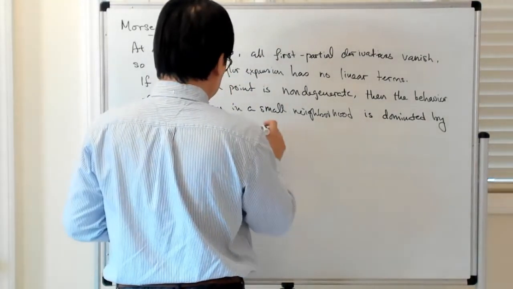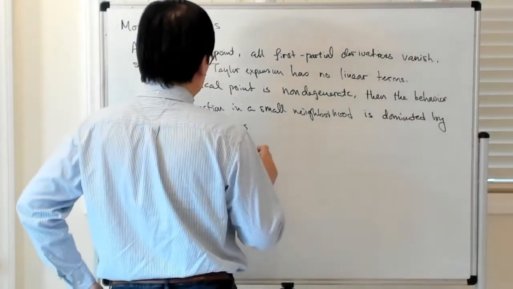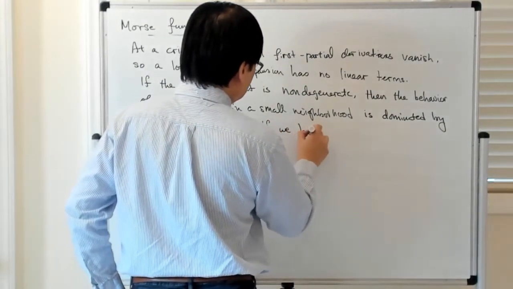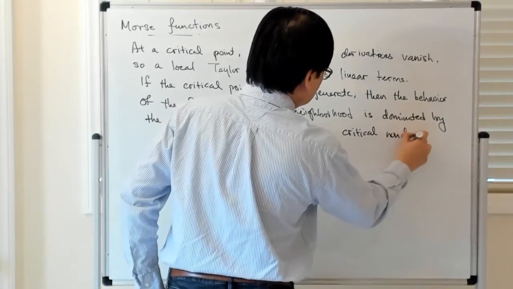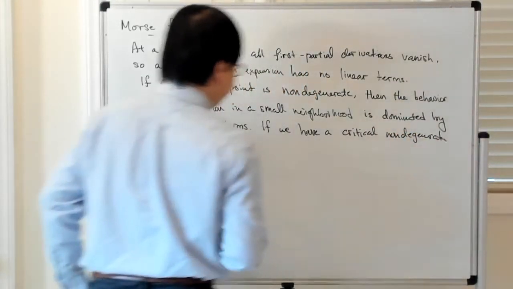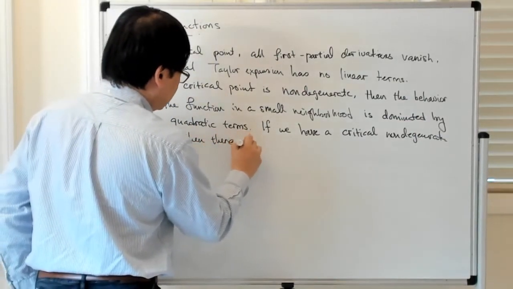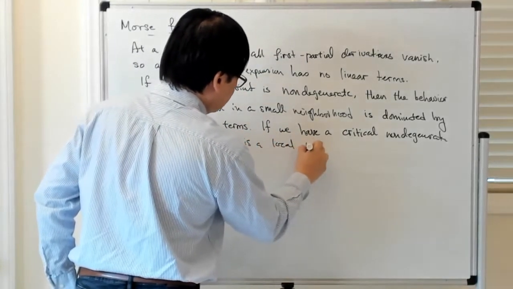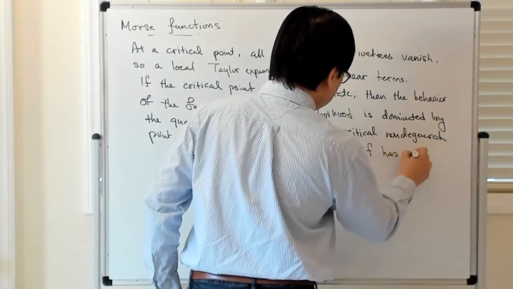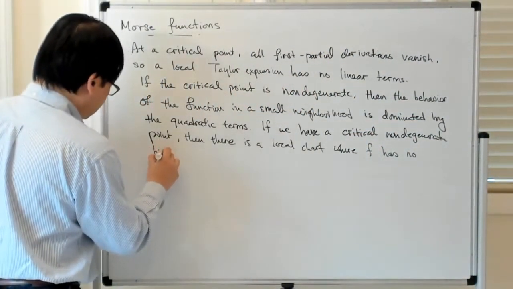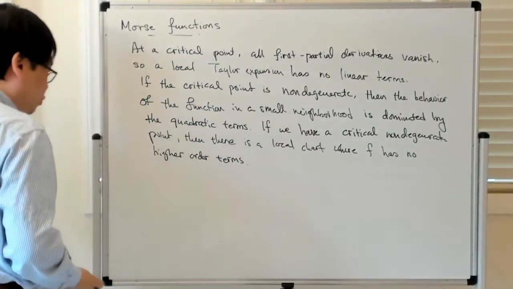So if you have a non-degenerate critical point, then there is a local chart where f has no higher order terms than quadratic. Okay, so this is what is called the Morse Lemma.